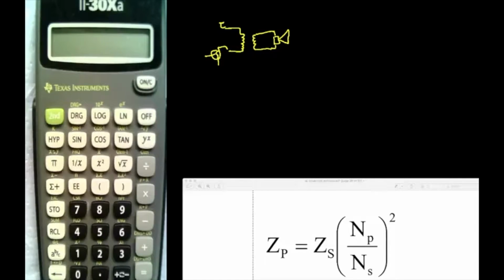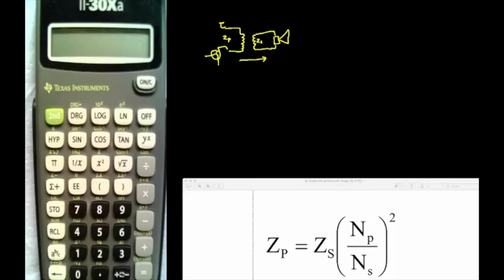And what's happening here is this transformer is matching the circuitry to the speaker. So we'd have a certain impedance here, ZP, and we'd have a certain impedance of the secondary, ZS. That coil would have an impedance. So what we're saying is that the primary impedance is the secondary impedance times the turns ratio squared.